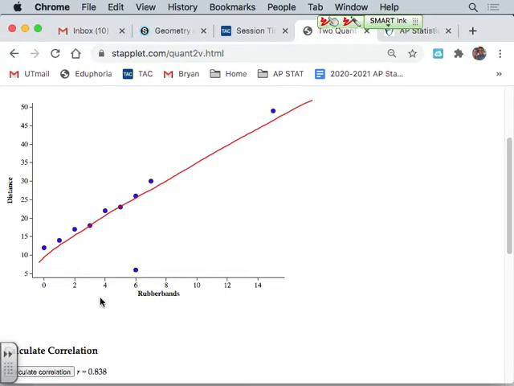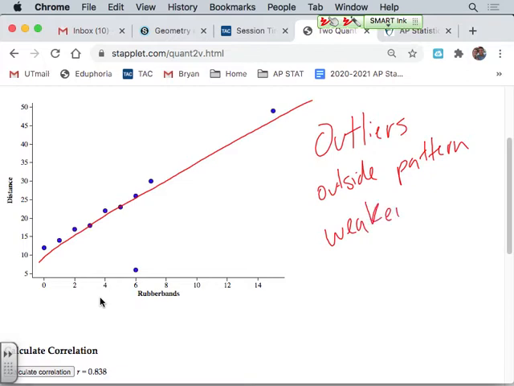So basically the thing here is outliers outside the pattern weaken the correlation. Not every outlier is a bad thing, but if it's an outlier outside of our general pattern, it does make us question our linear data.